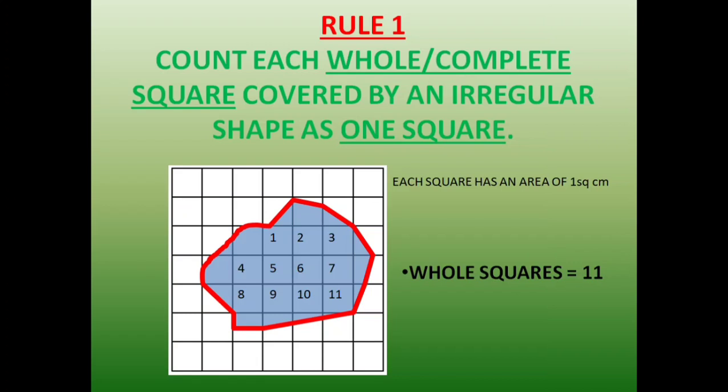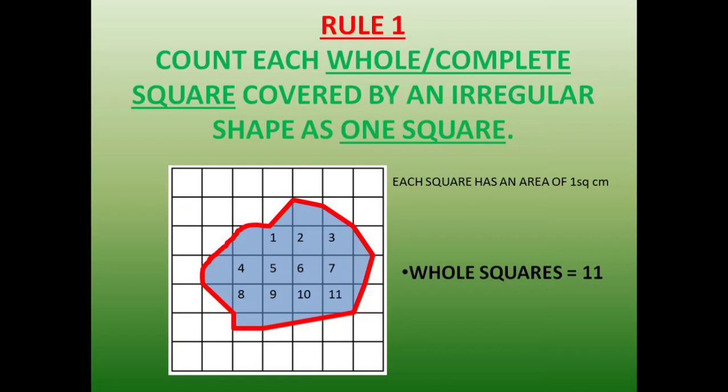Okay? Now, look at this square grid, everybody. What do you observe? The square grid is made of small squares. And beside the square grid, it is mentioned each square has an area of 1 square centimeter.